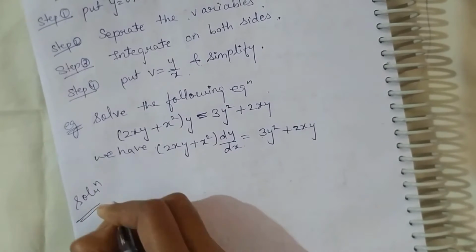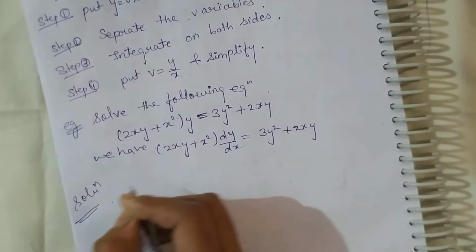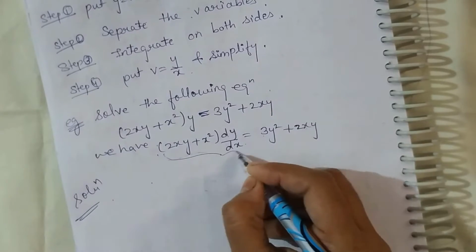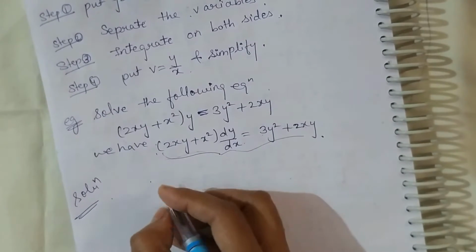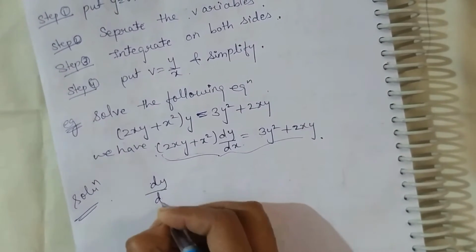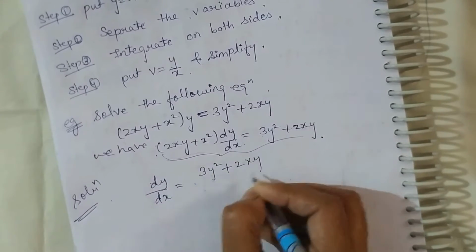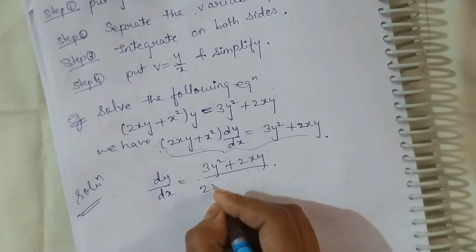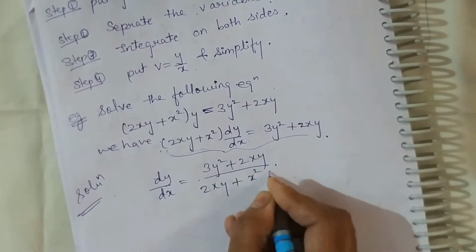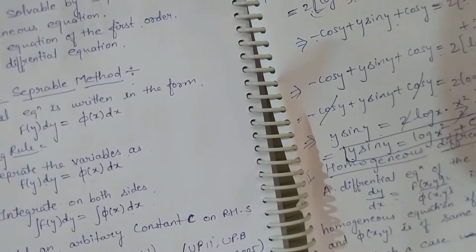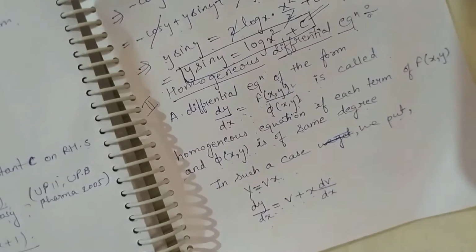Solution. Since dy by dx, here we get this term, then finding the dy by dx of this term is equals to 3y square plus 2xy upon 2xy plus x square. Put y is equals to vx. We have taken y is equals to vx.